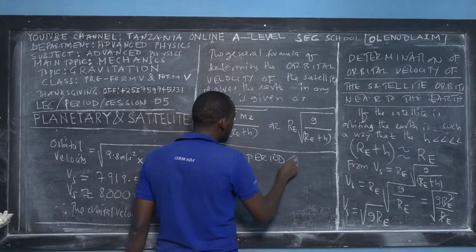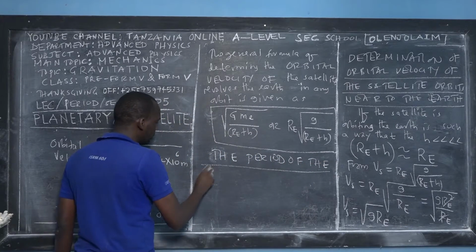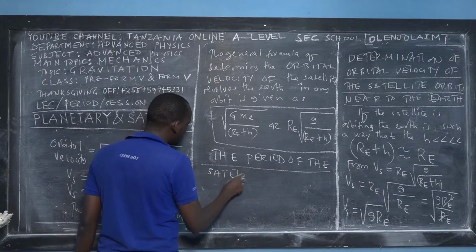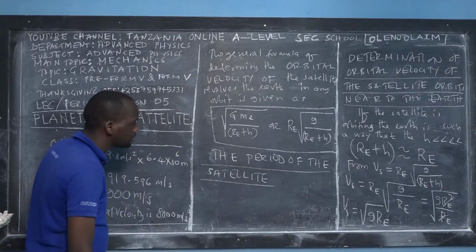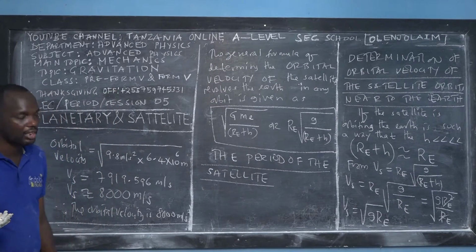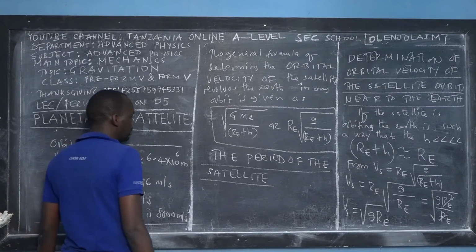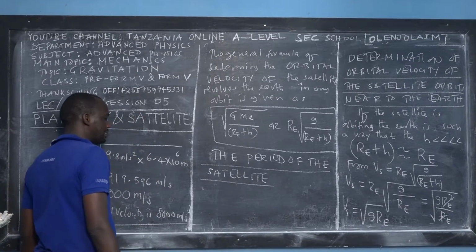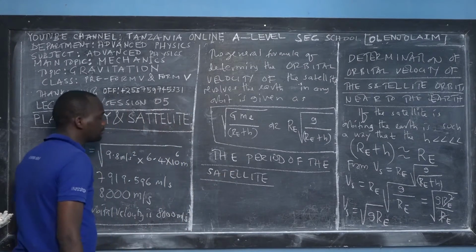The period of the satellite. First of all, what does it mean? Period of the satellite. So that's the concept that you have to cover before we get to the last, say, it's the last concept for this lecture 5.